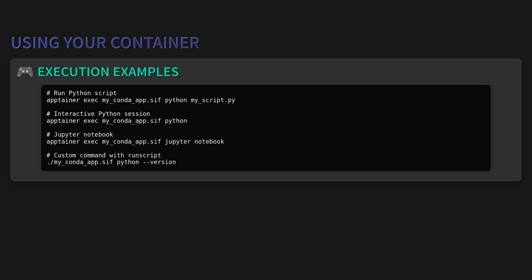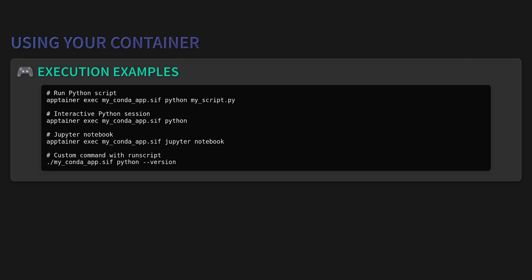Once your image is done, it's built, you can execute code directly from it. To execute code, it's basically Singularity or Apptainer exec, the name of your Singularity file, followed by a command line. In this case, it's Python, my script, for example. We can also have an interactive session.